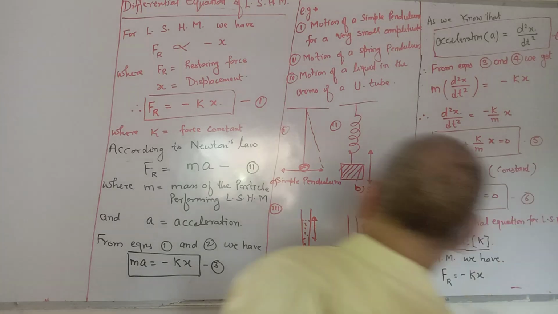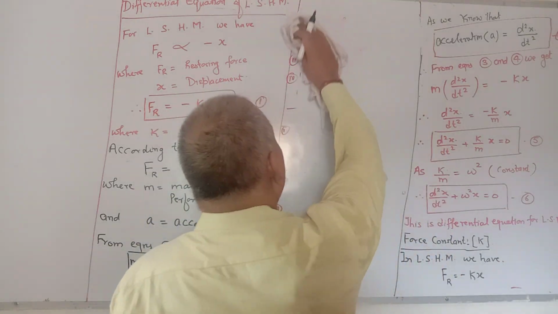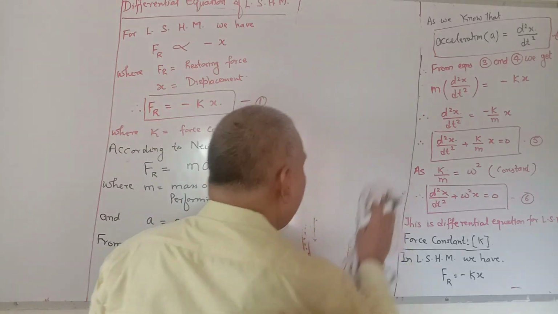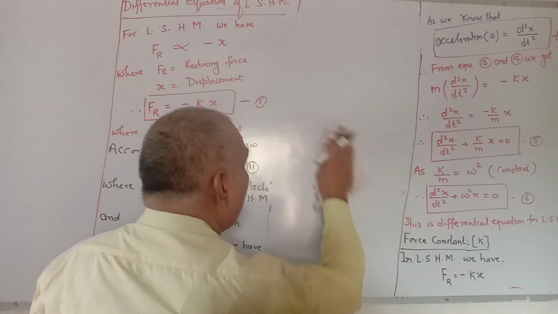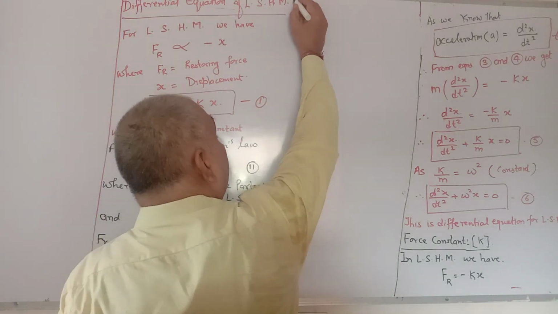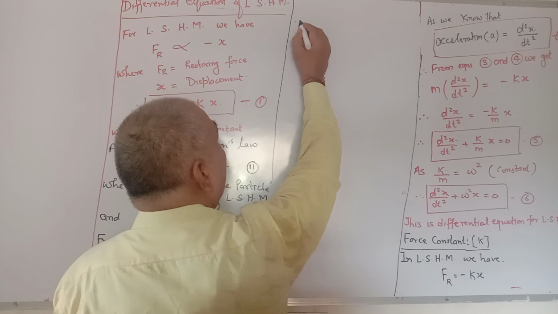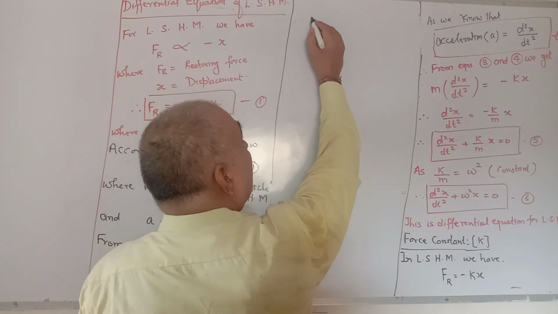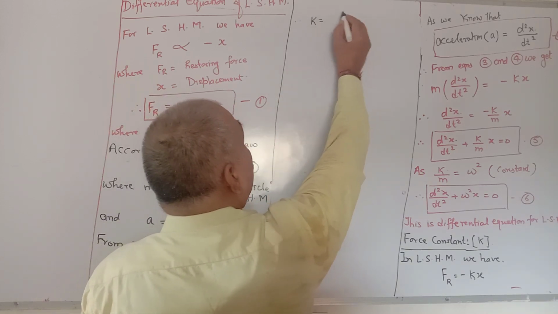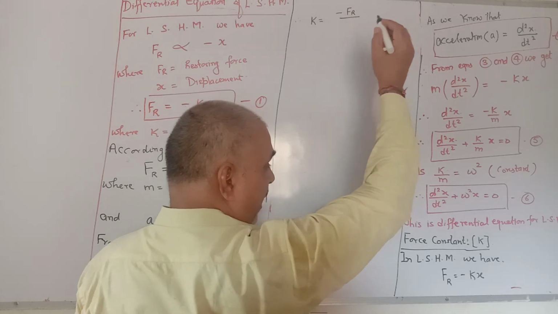From this equation, we can get the formula for k. What formula for k will we get from this equation? Therefore, k is equal to minus Fr upon x.